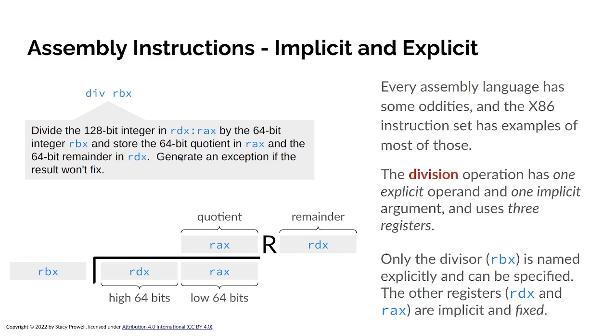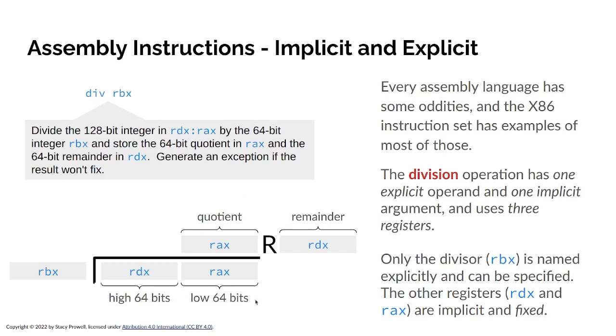And so I'll generate an exception to indicate that it won't fit. It's bad. So you have to be careful with this. And often the thing to do, you'll want to divide a 64-bit integer by another 64-bit integer. And the way to be sure you do that without generating an exception is to put 0 in RDX first.